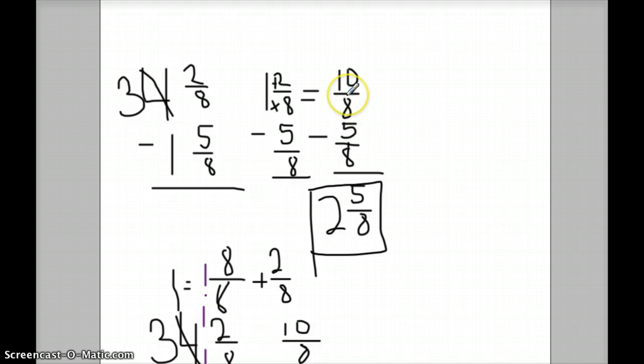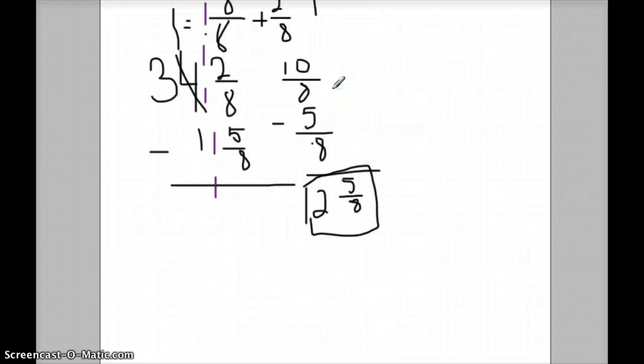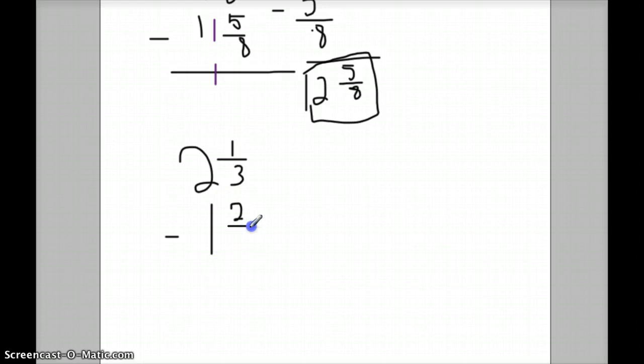And you can do both of those. So let's do another problem with that way. Let's do 2 and 1/3 minus 1 and 2/3, which I think we did last time.